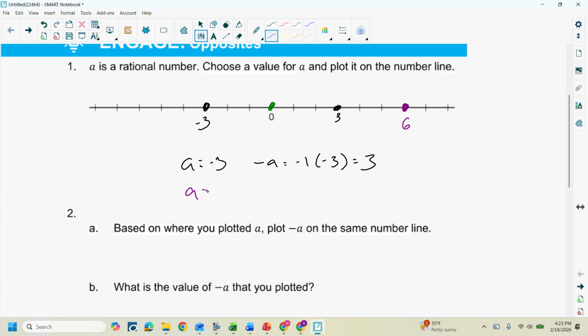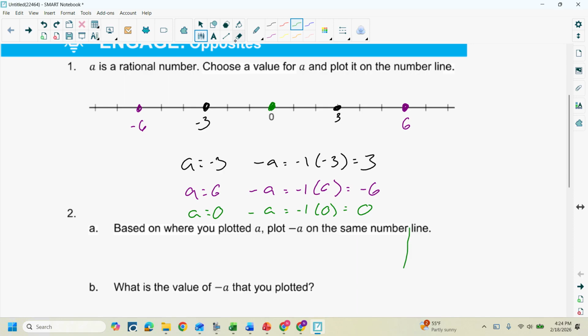If A is 6, then -A is -1 times 6, which is -6. And there we go. And if A was 0, then -A is -1 times 0, which is just 0. And so it stays in the same spot.